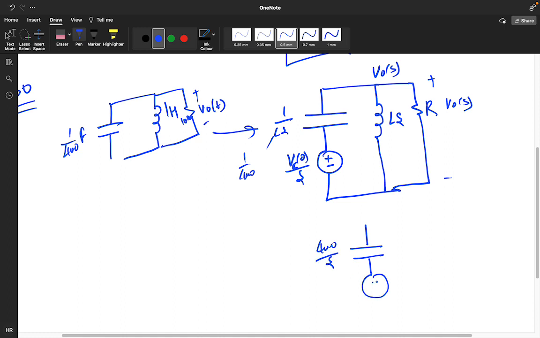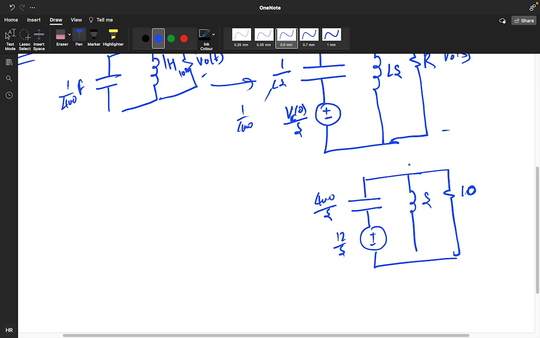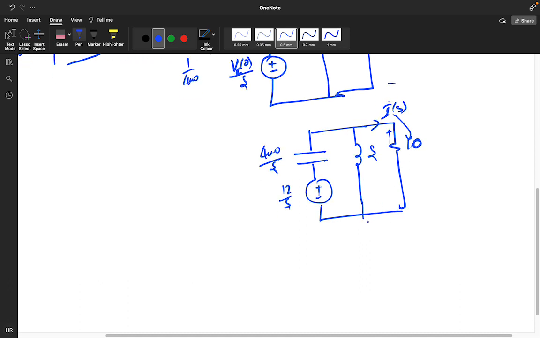And the V0 we got is 12 by S, and the L value is 1 only, so it is S, and the resistance value is 10. So I need to find I of S, the current. If I get it and multiply this and this, I will get the value of V naught of S.